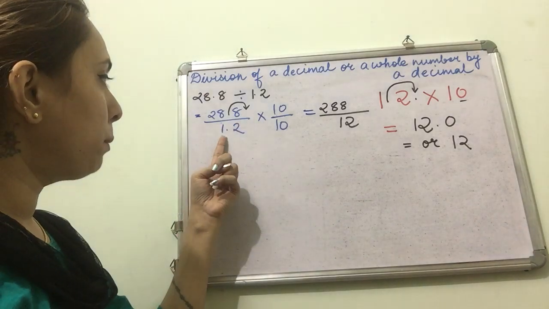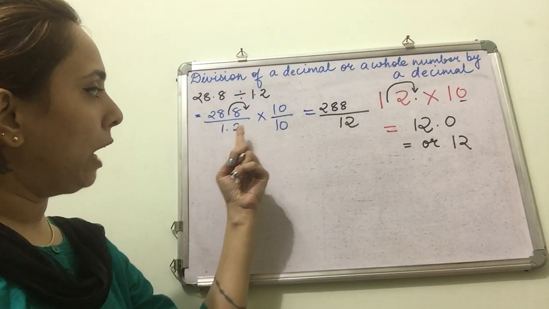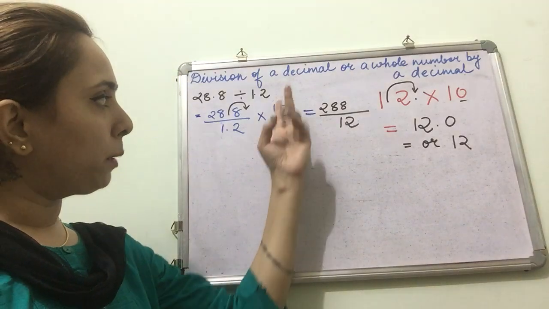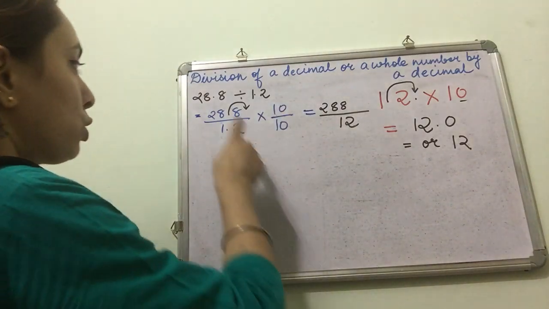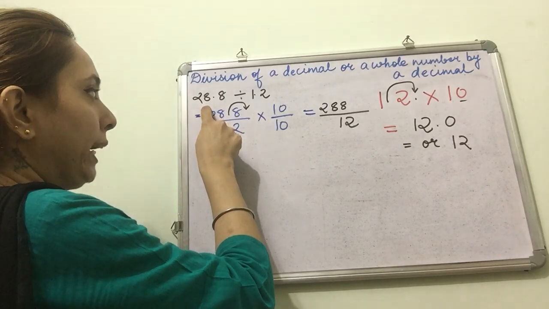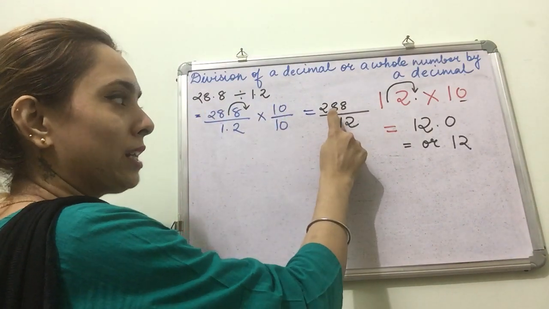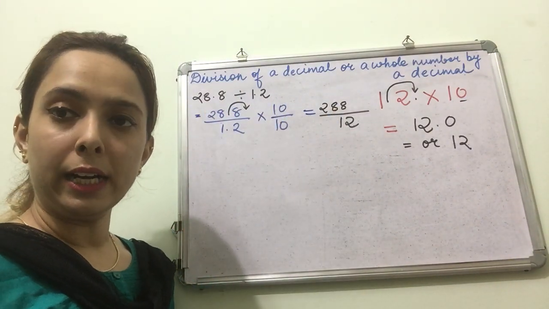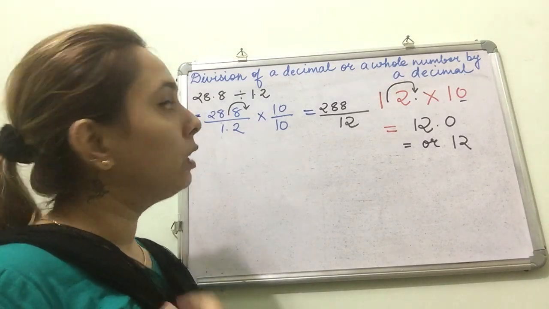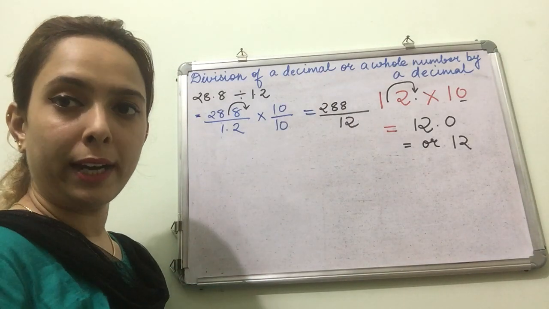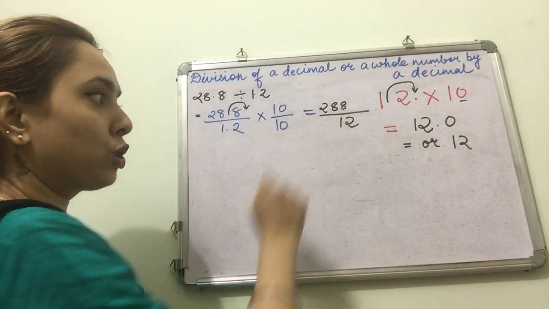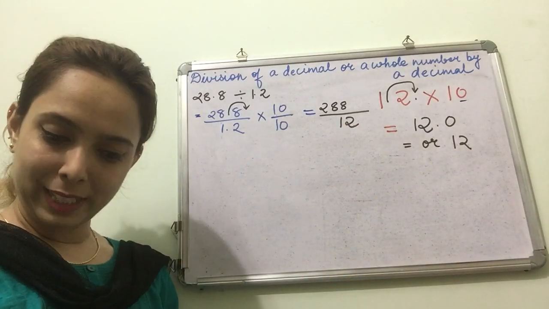So here we have 1.2, that is why I have multiplied numerator and denominator by 10. 28.8 multiplied by 10, you will get the answer as 288.0. We can write 288 upon 12, as I have told you, this way.